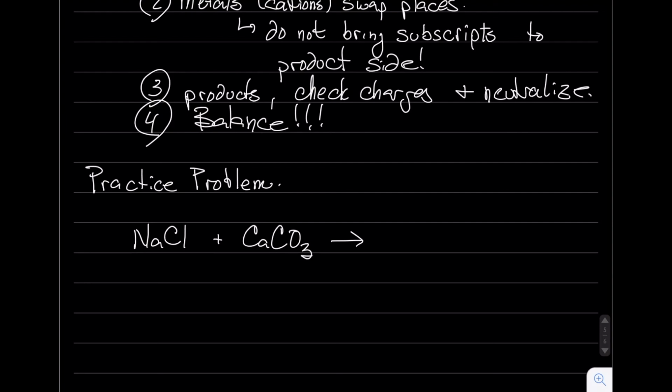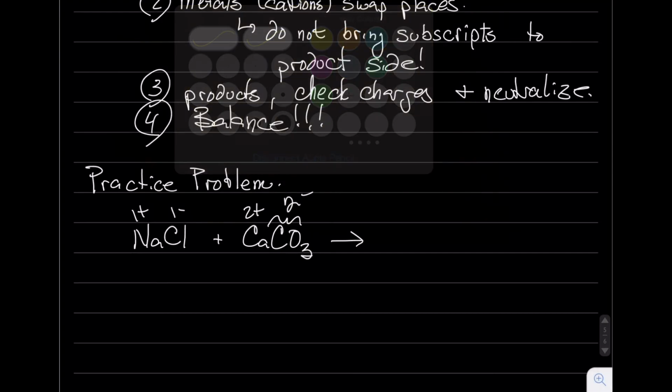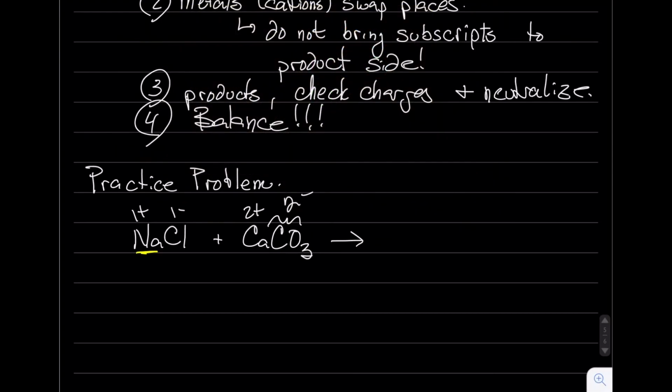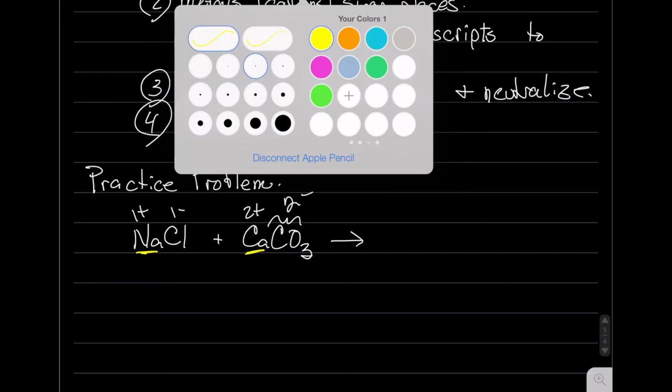Sodium is a 1 plus, chlorine is a 1 minus, calcium is a 2 plus, and carbonate is a polyatomic, and it has a charge of 2 minus. What's going to happen here? Well, the sodium and the calcium are going to swap places.